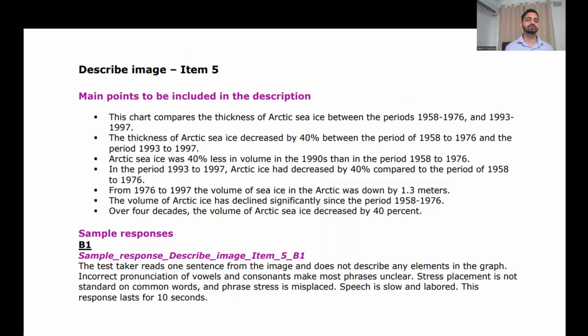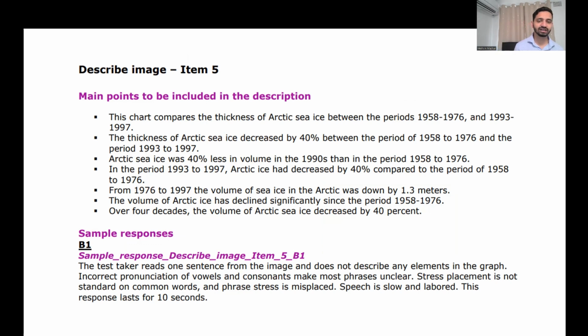And the main points to be included in the description: the chart compares the thickness of Arctic sea ice between periods 1958 to 1976 and 1993 to 1997. The thickness of Arctic sea ice decreased by 40% between the period of 1958 to 1976 and the period 1993 to 1997.